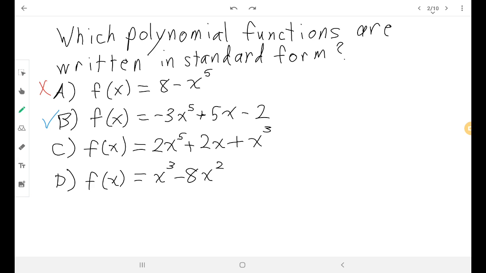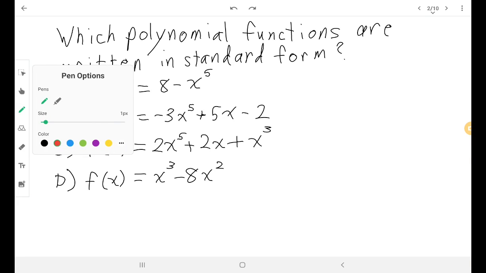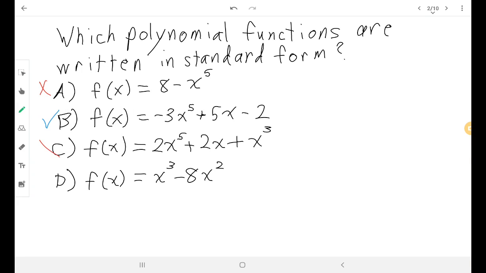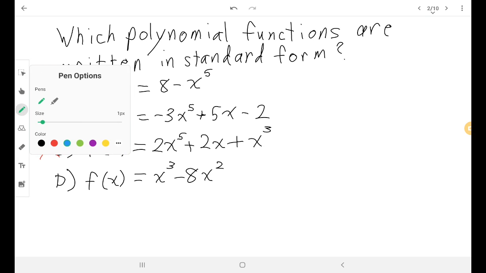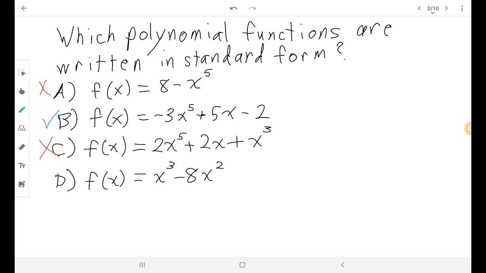So this one actually is not in the right order, so it is not a polynomial function in standard form. It's still a polynomial function. It's just not in what we call standard form. For it to be in standard form, the x to the third would need to be before the 2x.